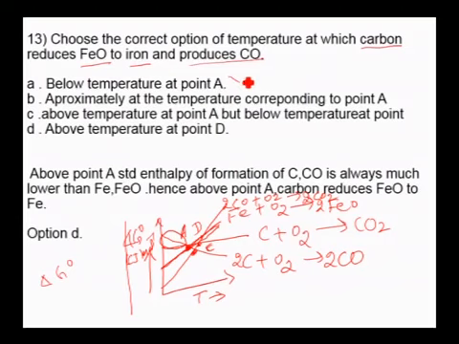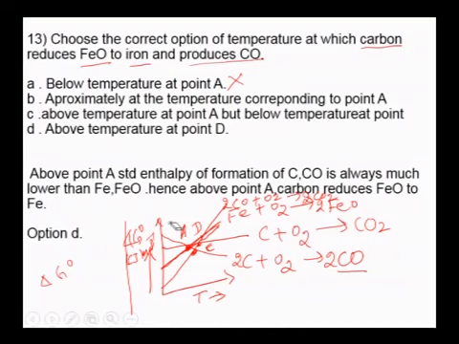The first option is not possible because the standard free energy of formation of CO is more than that of the iron oxide. Hence, option A is not correct.